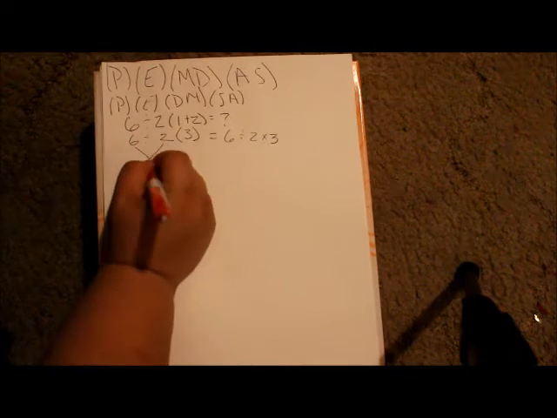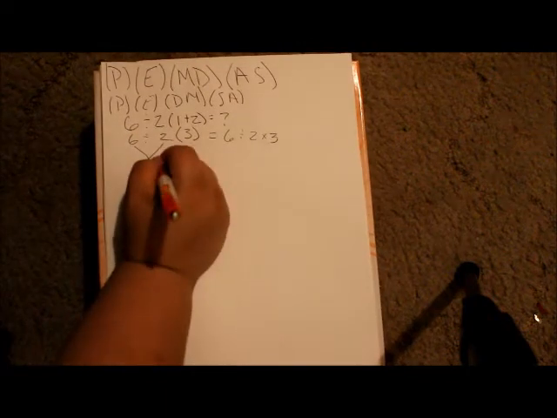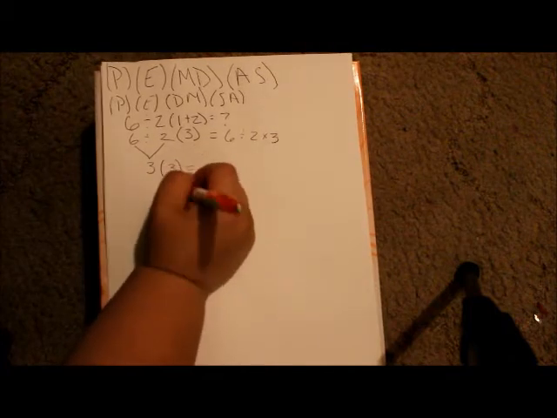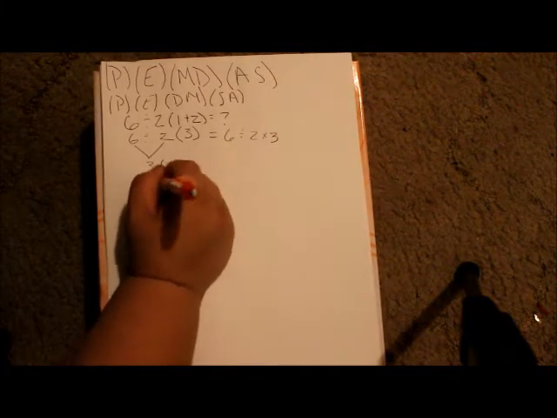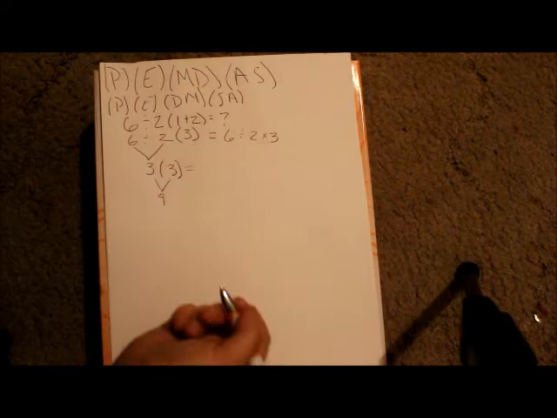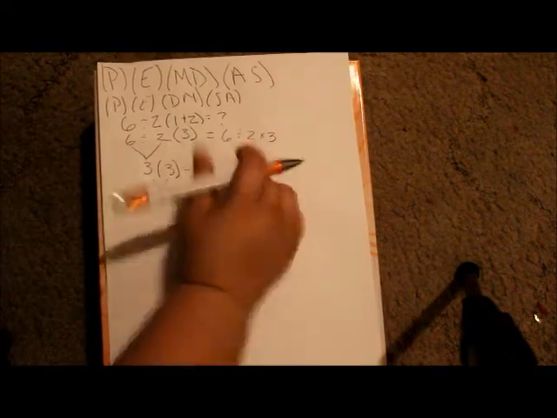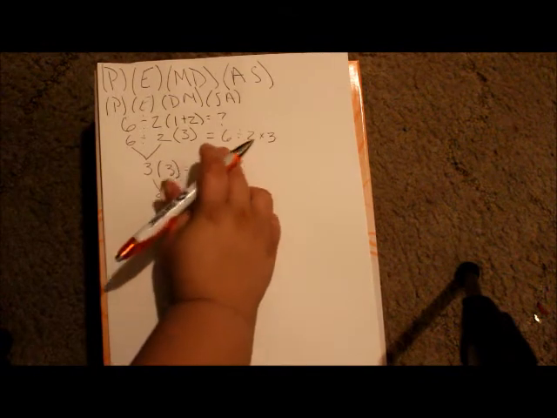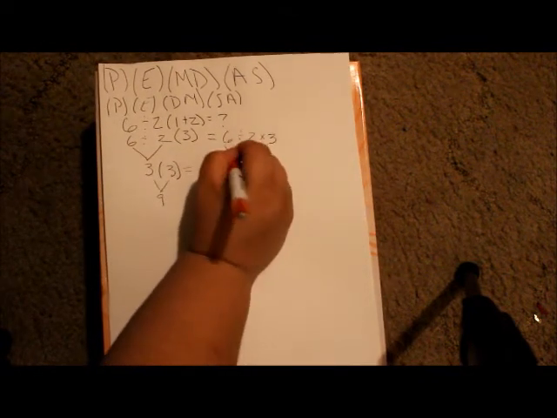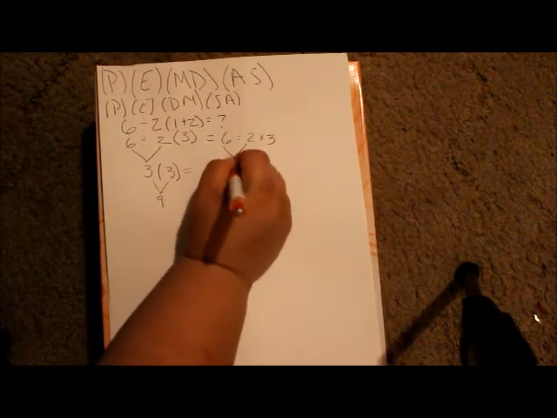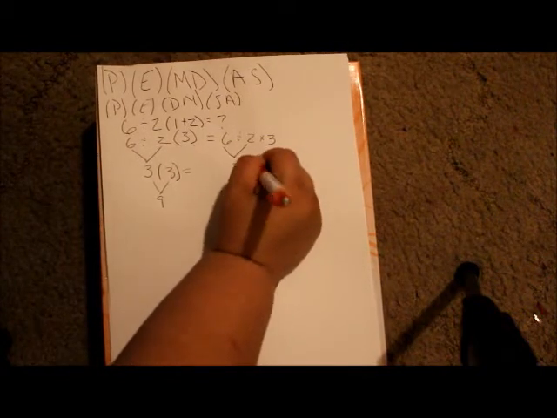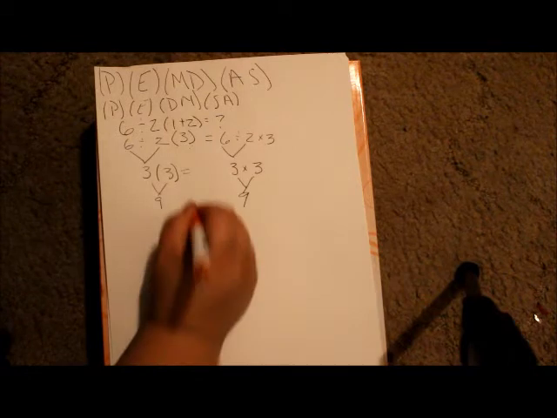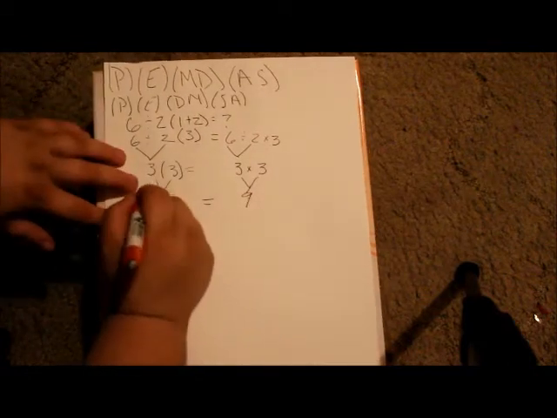So those two are divided to equal 3. 3 times 3 equals 9. And then I'll do it over here as well so that you can see that 6 divided by 2 is 3, times 3 equals 9.